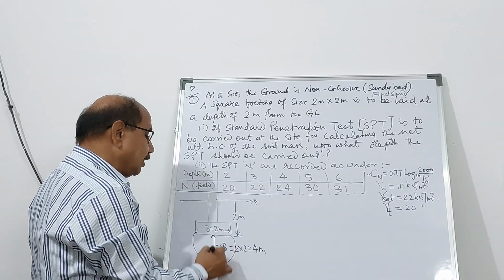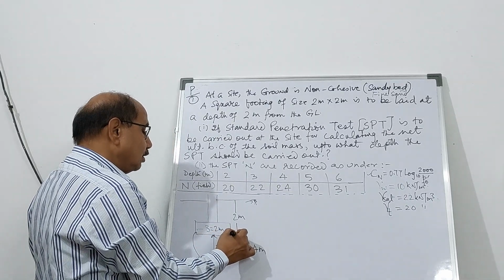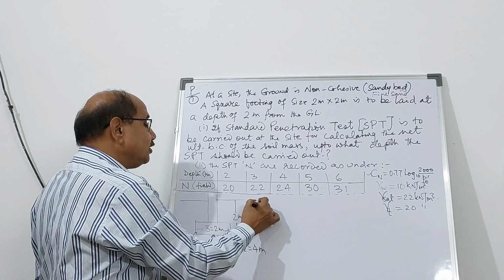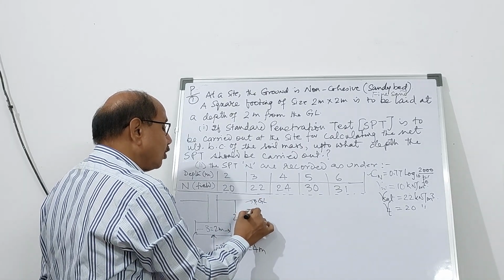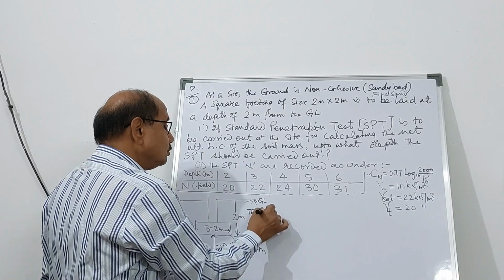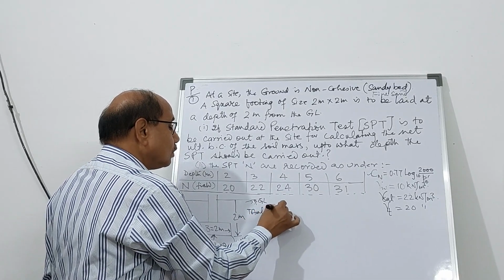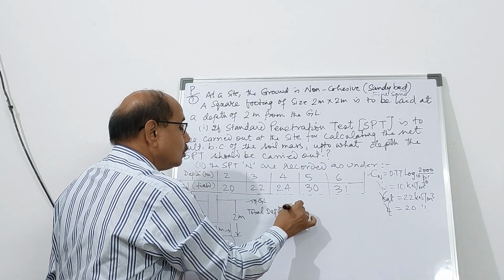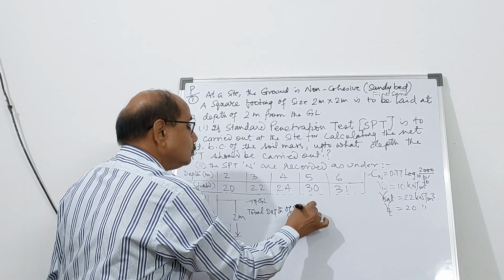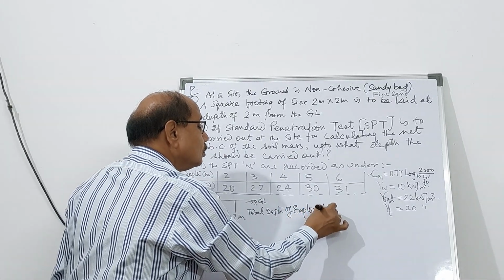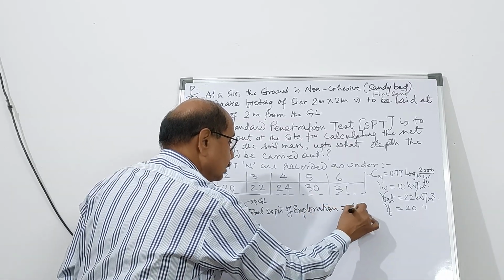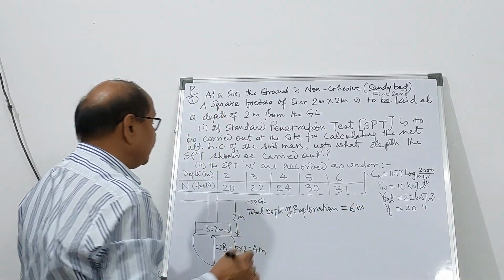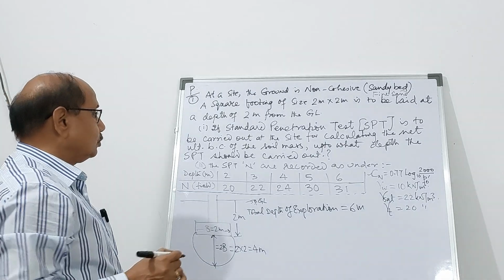So there is 4 meter, and from the base of the footing up to GL, this is 2 meter. So total depth of exploration equal to 2 plus 4, that is 6 meter. So up to 6 meter SPT must be carried out.